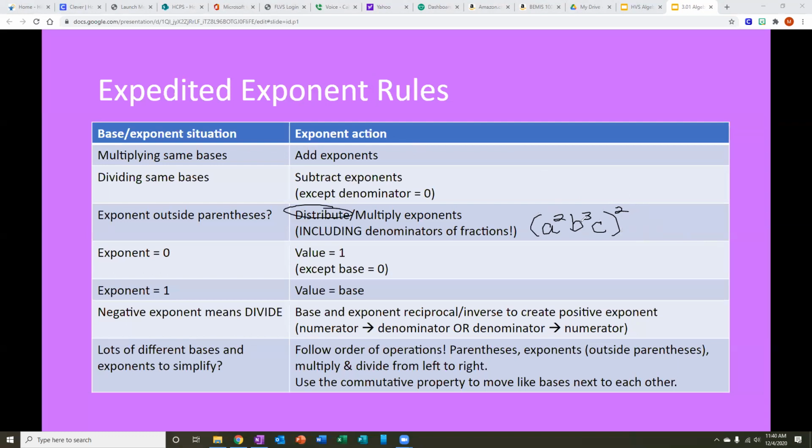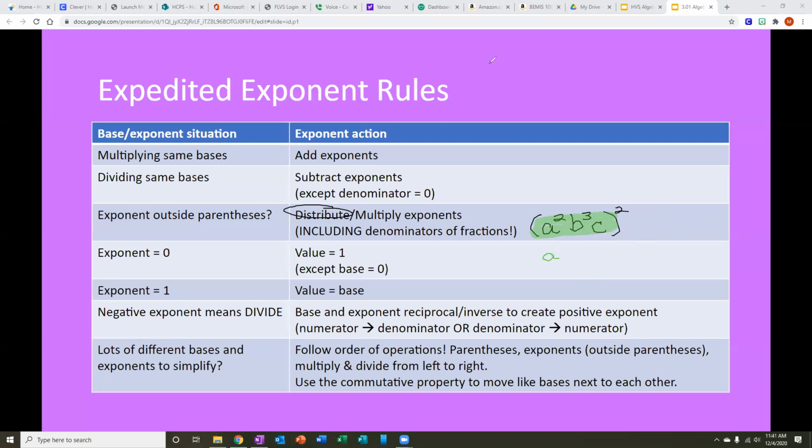Exponents just give us the number of the bases, so this whole thing is the base, raised to the second power. So we have 2 of them, a squared b cubed c times a squared b cubed c. Because of that, we can distribute this exponent to each component.